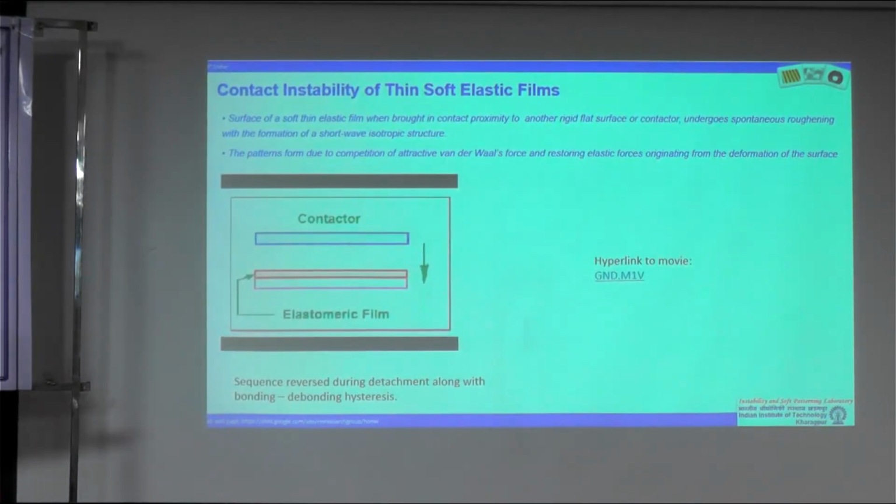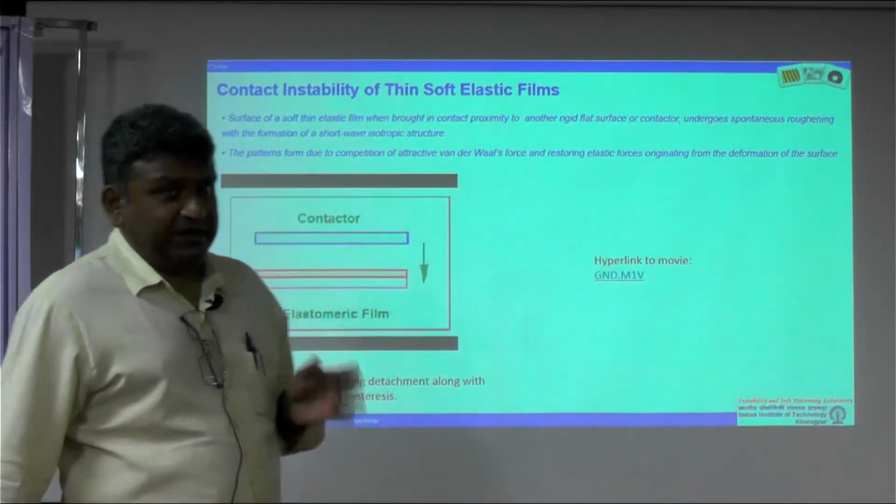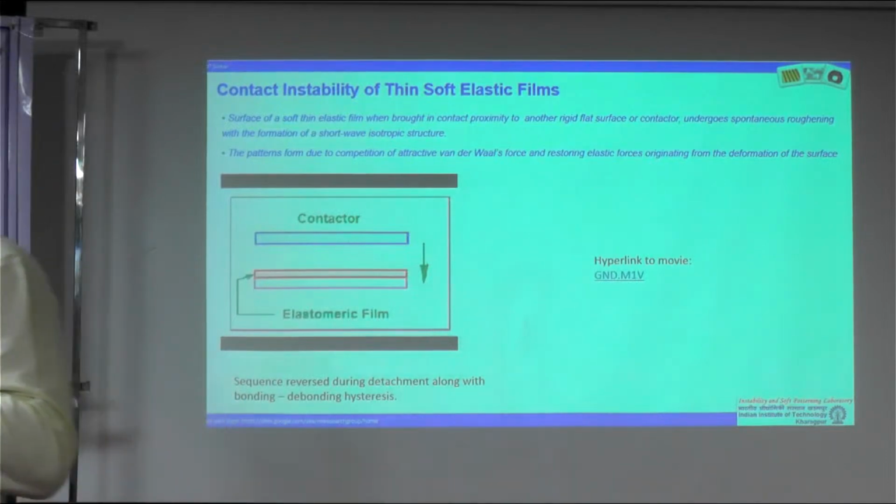And those van der Waals interactions are unnoticed in rigid objects because they are too stiff. But if you have a soft material or a soft film, you can actually see some undulations and features which are appearing on the film surface, right? And we have captured that microscopically. So just see the videos and then I will come back.